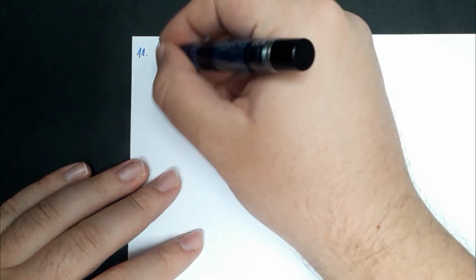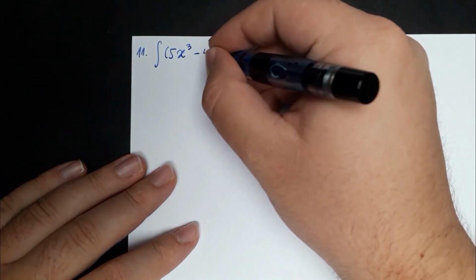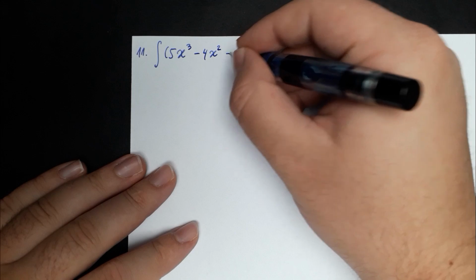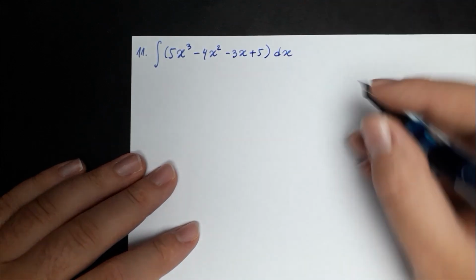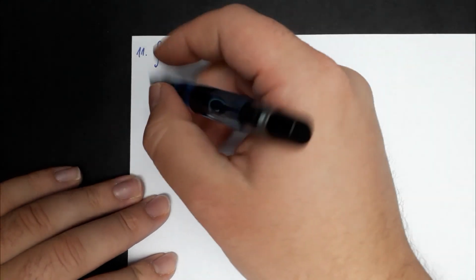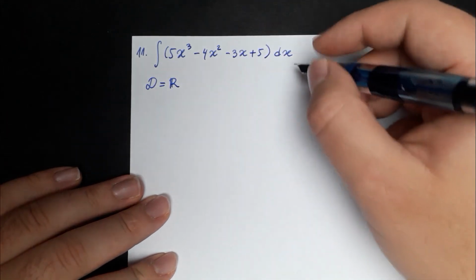Number 11 is the integral of 5x cubed minus 4x squared minus 3x plus 5 dx. This integral is defined on the set of real numbers.